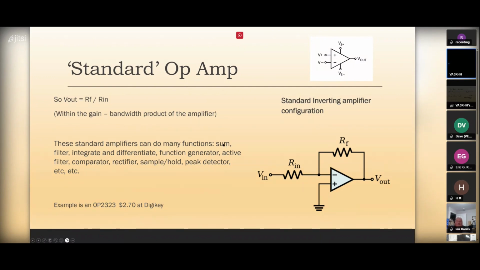As Ian was saying, they can sum, you can filter, low, high, band pass, integrate, differentiate. If you put a capacitor where the feedback is, you've got an integrator. You put a capacitor where the input is, you've got a differentiator. You've got function generators, you can make square waves, triangle waves, sawtooth, whatever. Comparators, precision rectifiers, sample and hold, peak detectors, on and on and on.